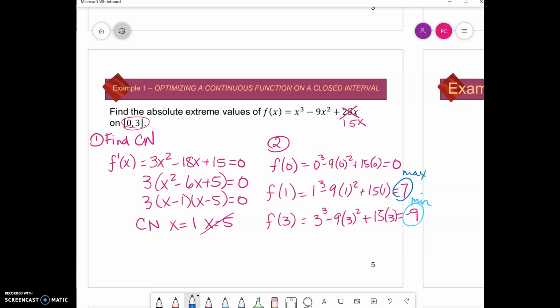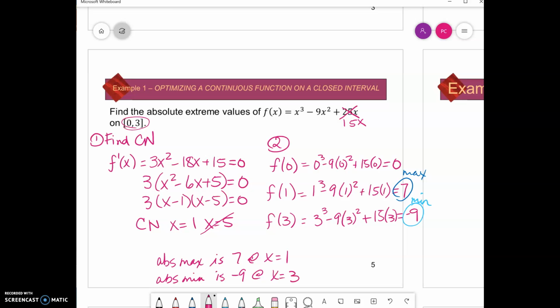So on this interval from 0 to 3, the absolute max is 7 at x equal to 1, and the absolute minimum is negative 9 at x equal to 3.